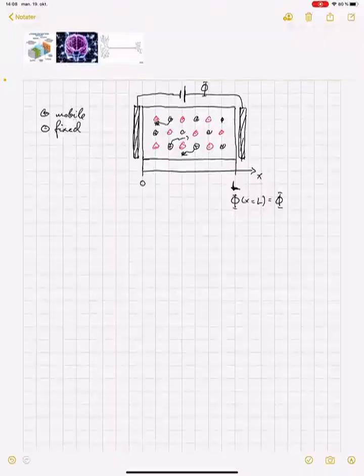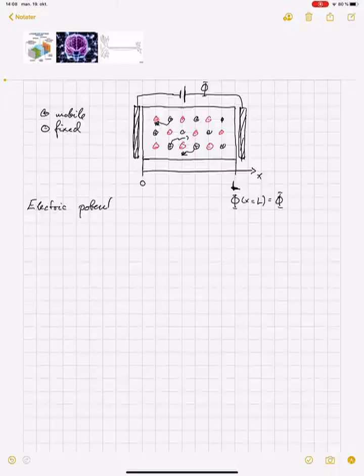So before starting this, let's recap a little bit about electricity. The electrical potential: we can have an electric potential around a charge, for example.